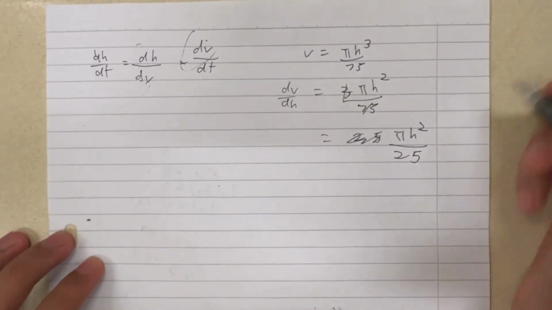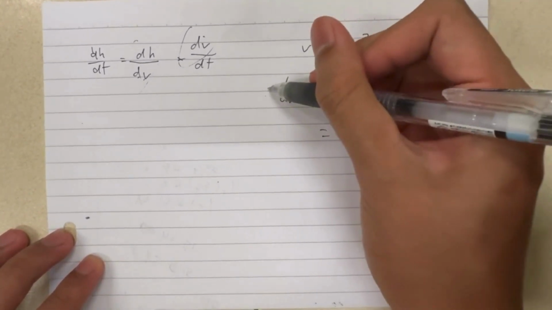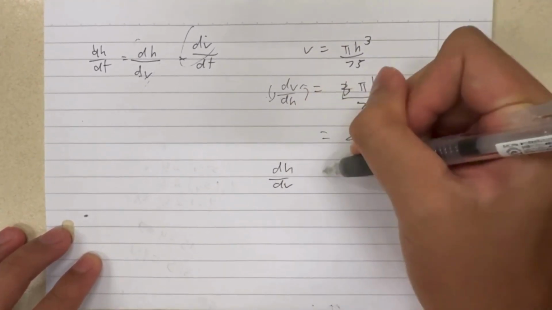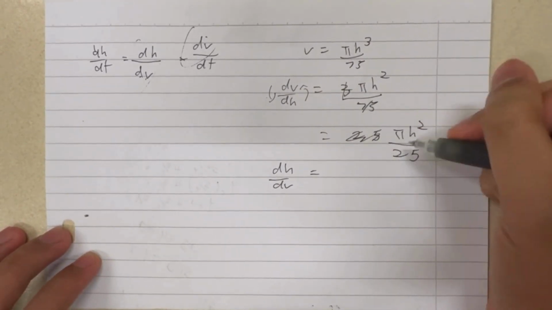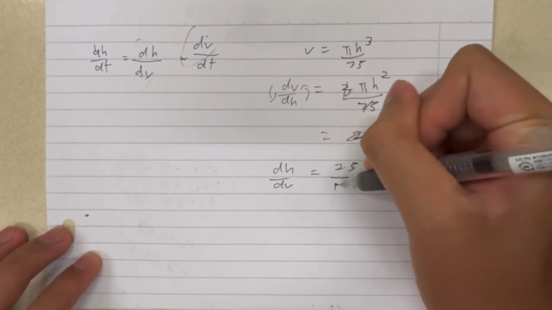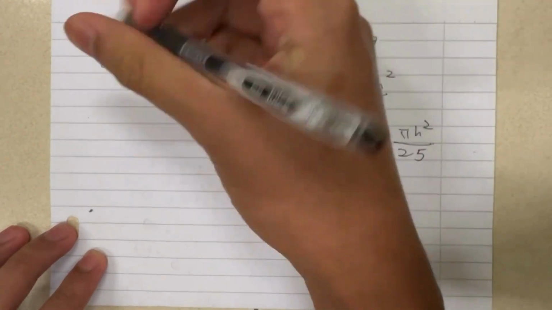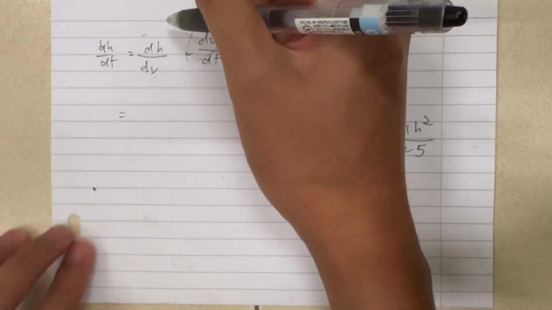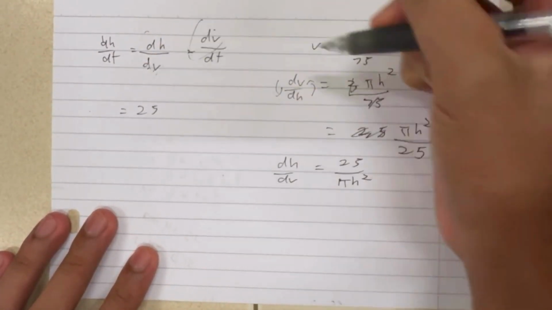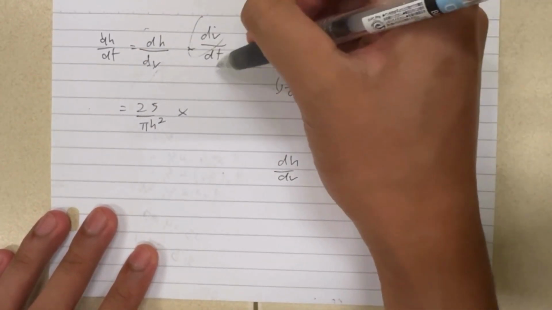So from this, we will invert this statement to become dh over dV. Inverting that, we get 25 over pi h squared. So we already have dh over dV. Putting that in the formula, we get 25 over pi h squared times dV over dt.